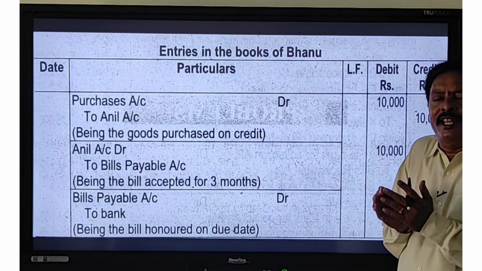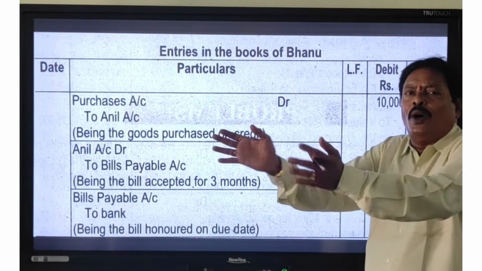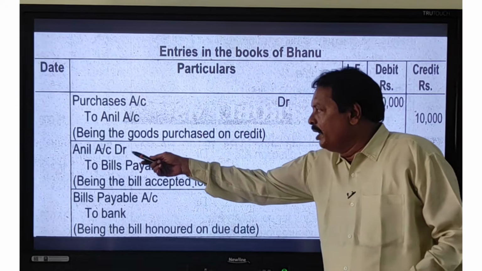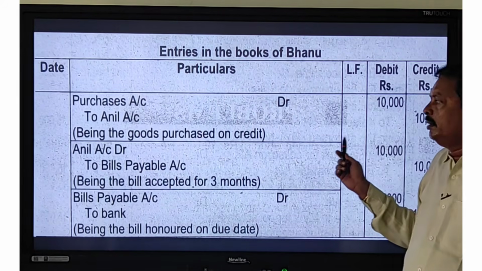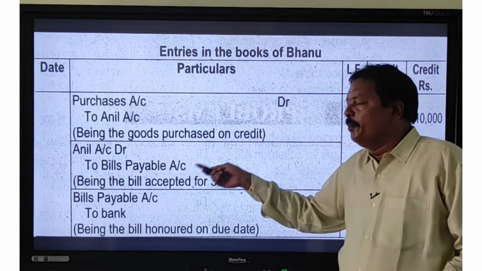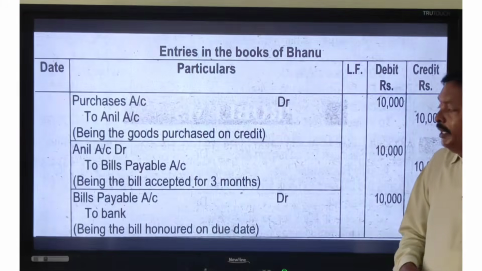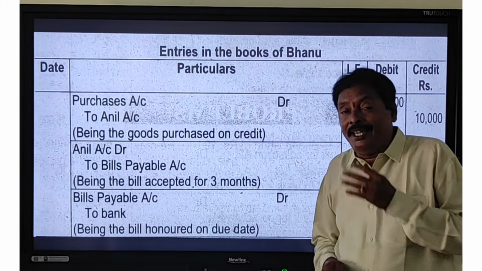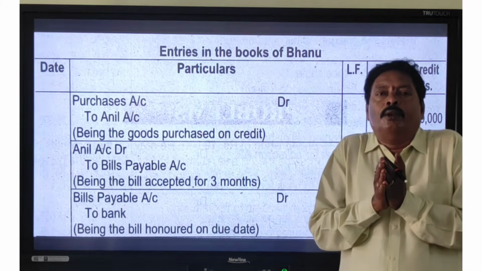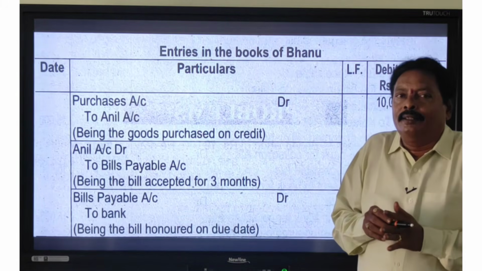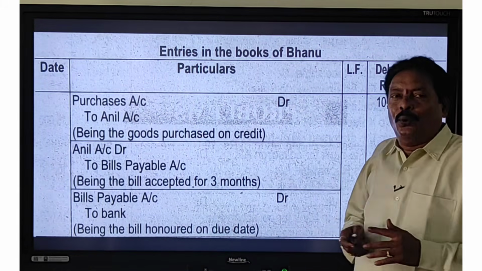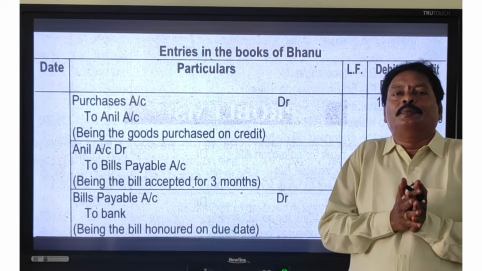We accept the bill and send it to Anil. So Anil receives the bill. Anil account debtor to bills payable account. And the final transaction is that on the due date we settled. We means Banu. We are acting as Banu.